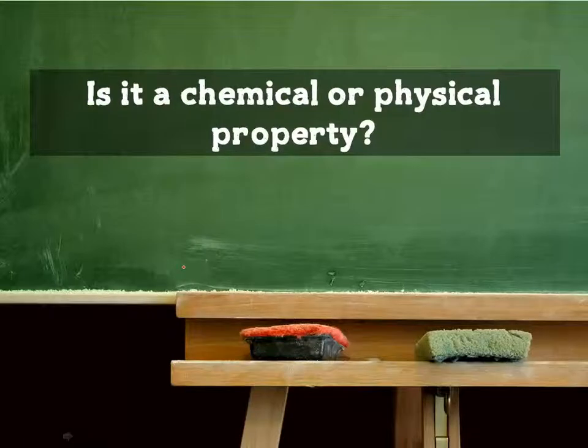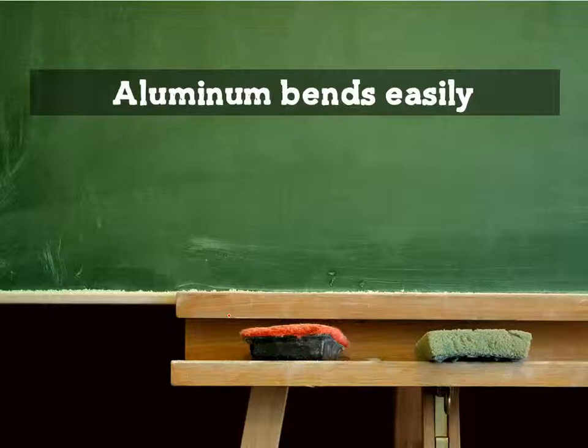So let's just review. I want you to think of whether these following things are chemical or physical properties. Aluminum bends easily. That's a physical property because when you bend aluminum foil, the foil is still aluminum. It hasn't changed its identity.